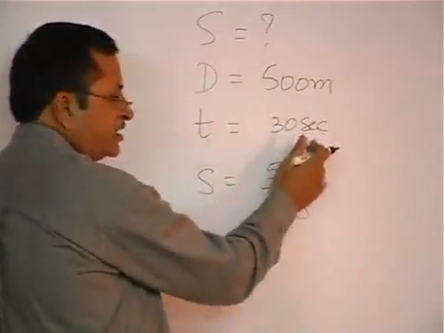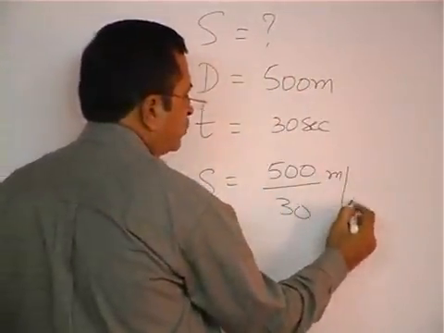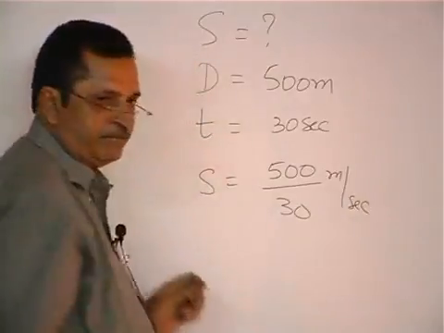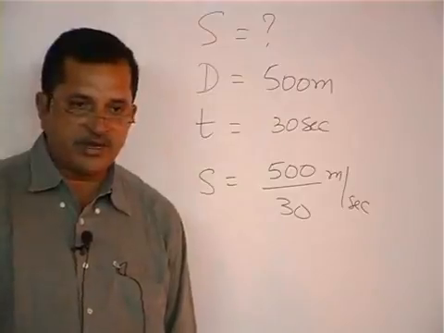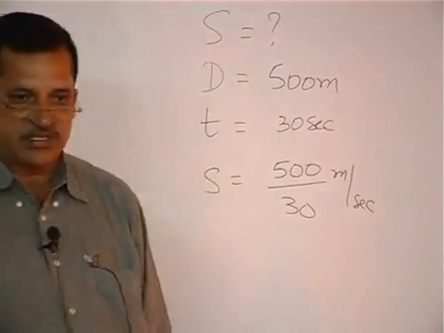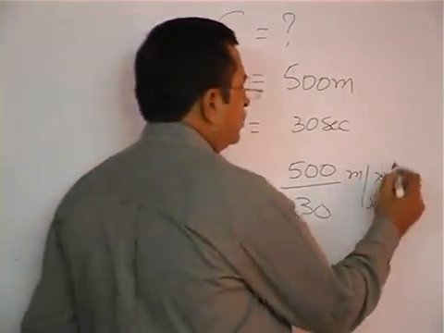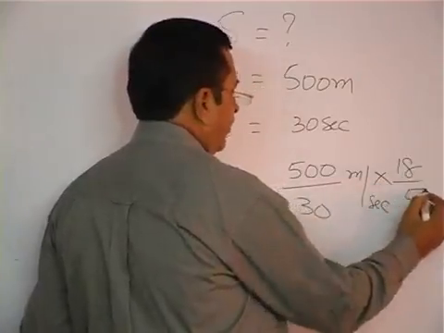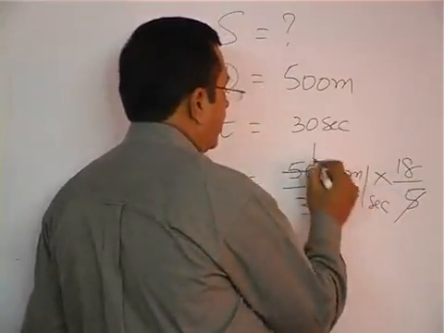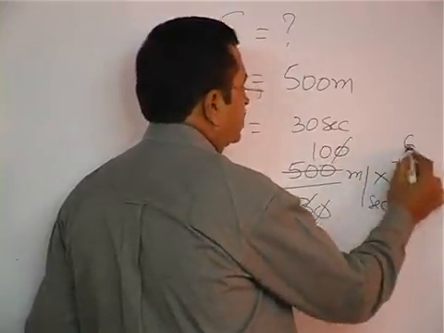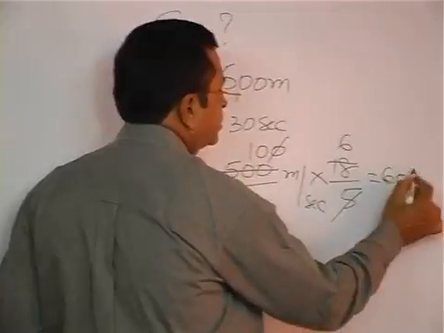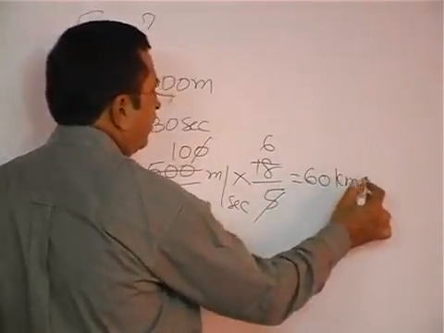This is in meters and this is in seconds. The speed we got is meters per second. And usually train speeds we mention in kilometers per hour, is it not? So convert this into kilometers per hour by multiplying by 18 by 5. 60 kilometers per hour we got.